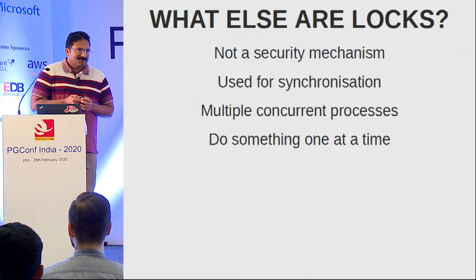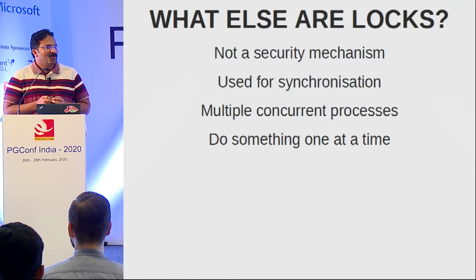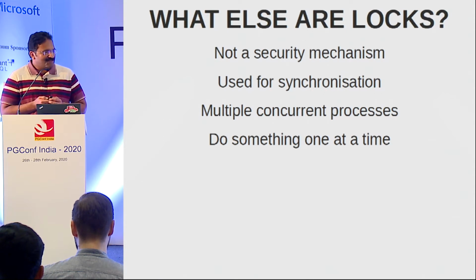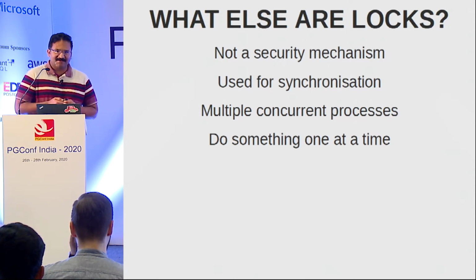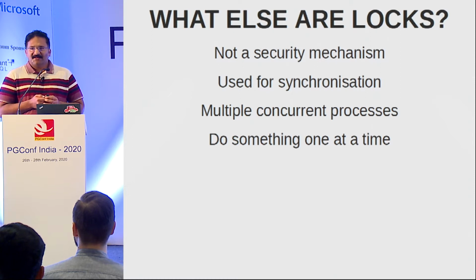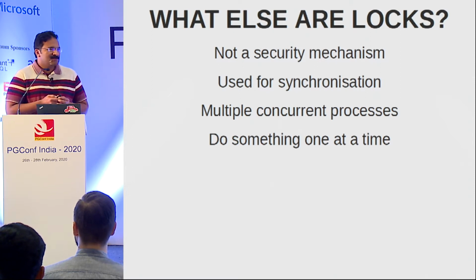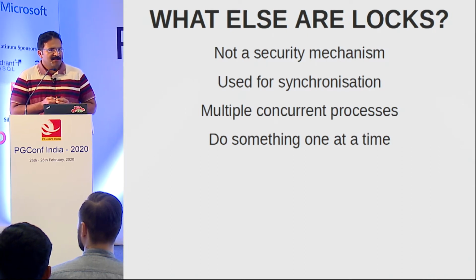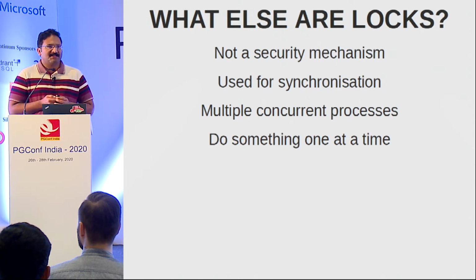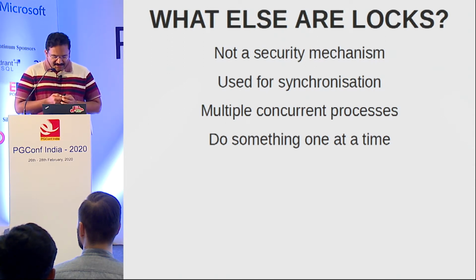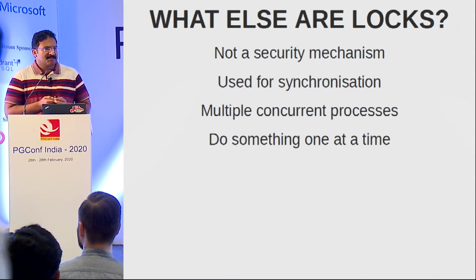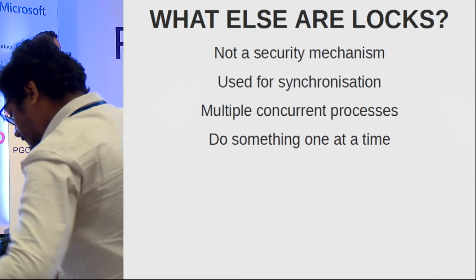Unfortunately, back in the world of computers, what we call locks are nothing like physical locks. They are not a security mechanism. They're a mechanism we use to synchronize the operation of multiple processes, which is obviously something very relevant to a database engine like Postgres, and relevant to anything that wants multiple processes for performance.